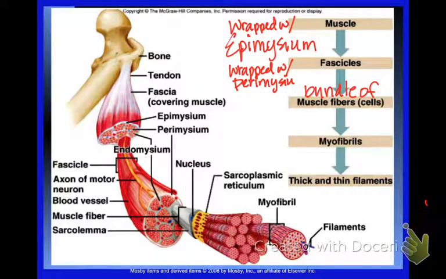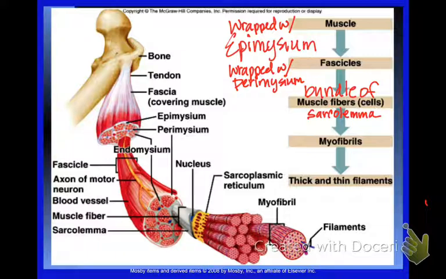So the perimysium wraps a fascicle, and a fascicle is a bundle of muscle cells. Each muscle cell has its own membrane around it, but because it's a muscle cell, we don't call it the cell membrane or the plasma lemma. We call it a sarcolemma, around the muscle fiber.